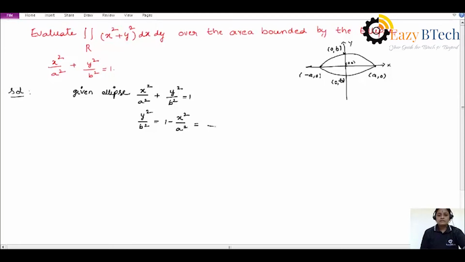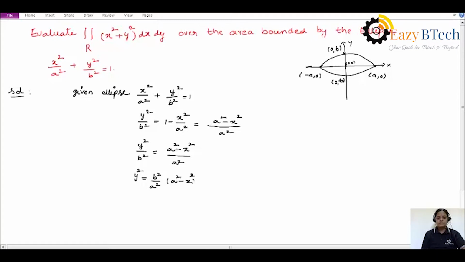So the LCM is a square, then a square minus x square. So the value of y square by b square is equal to a square minus x square by a square, and the value of y square is b square by a square into a square minus x square.